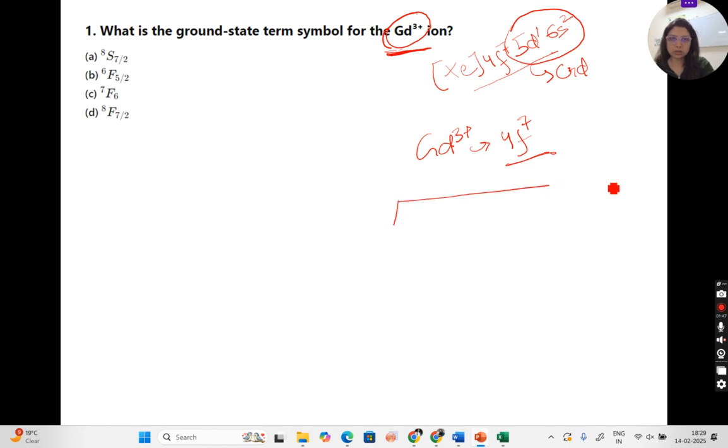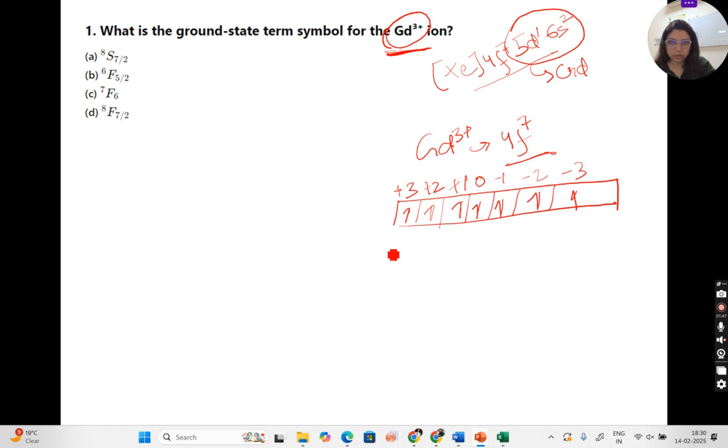And now, +3, +2, +1, 0, -1, -2 and -3. So now we need to fill all the 7 electrons, which is like this.